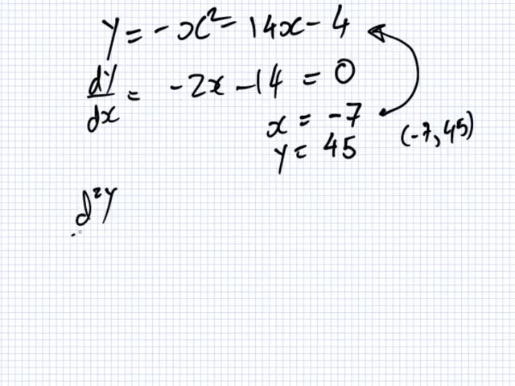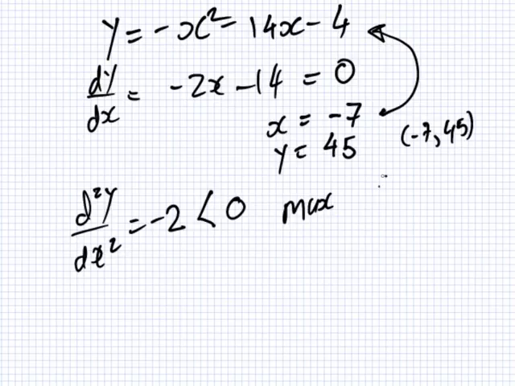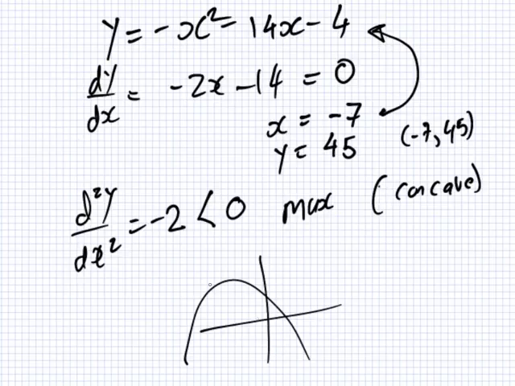The second derivative is minus 2, which is negative, which makes it a maximum, or if you want, a concave shape. So the graph looks like this, and this is a maximum at minus 7, 45.